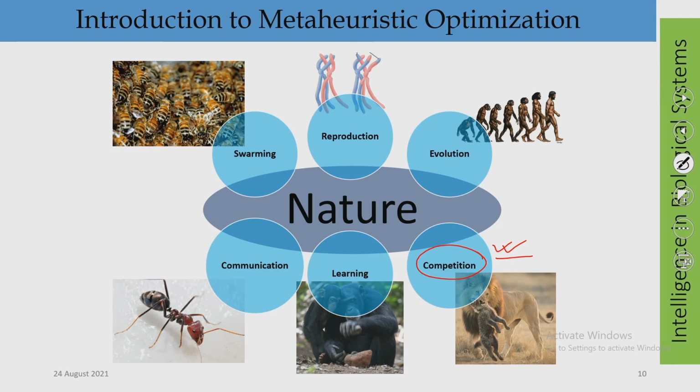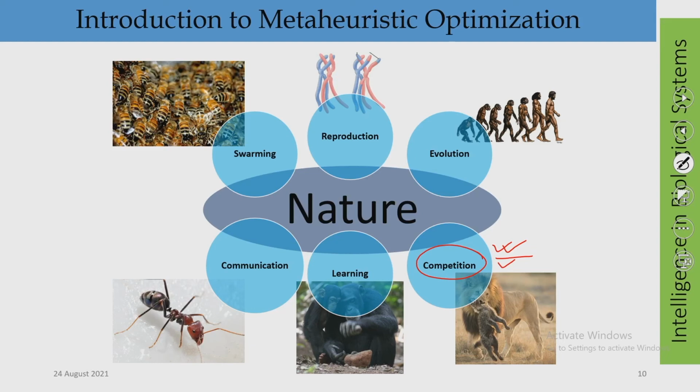Therefore, everyone will not be able to survive in nature; the fittest will survive. Those who are fit, strong, and intelligent will survive. Other people will not be able to survive because of competition. So, this is one phenomenon which is happening in nature.